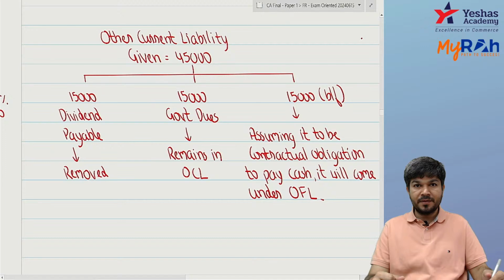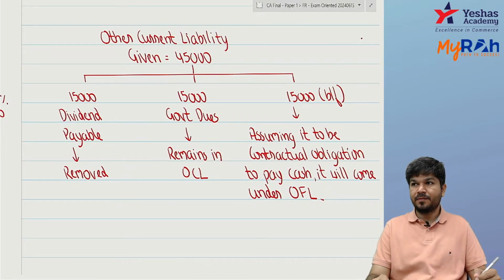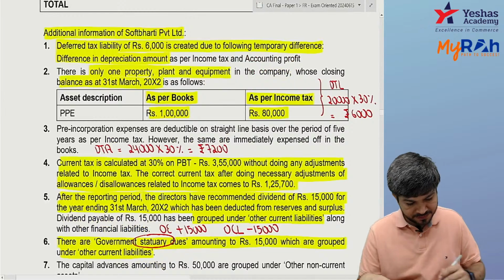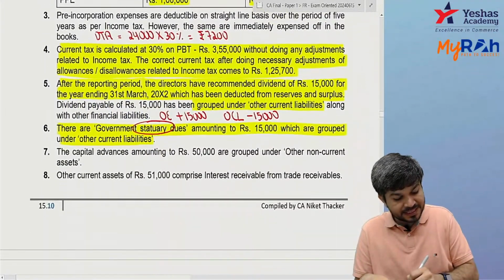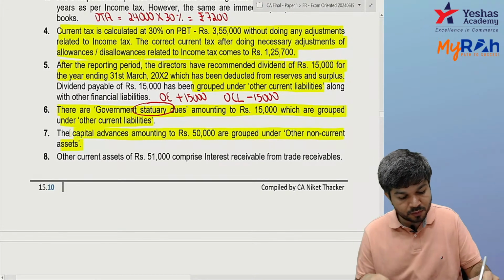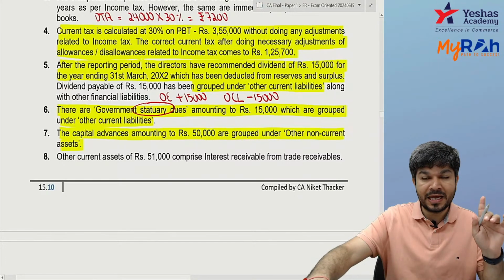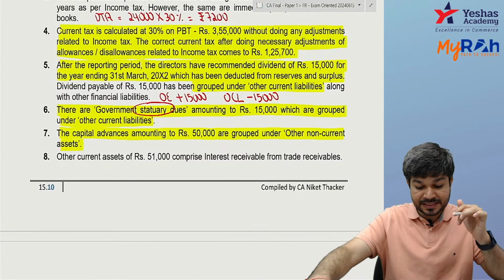Okay, moving ahead. There's capital advances given grouped under other non-current asset. I don't have a contractual right to receive cash. I'll be getting capital goods. It's correct.